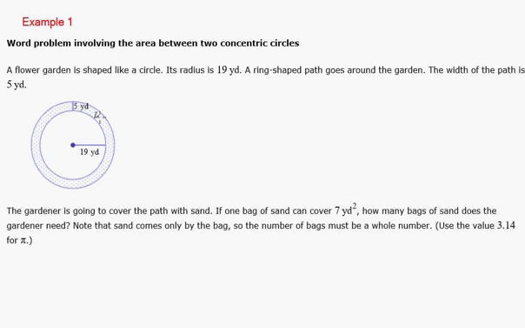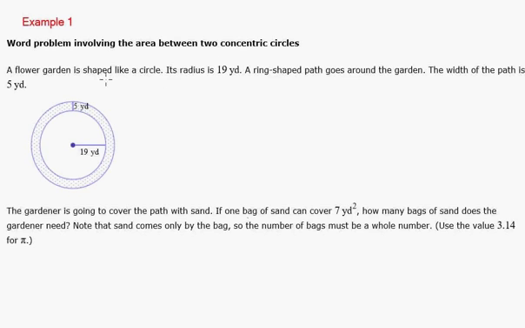What we want to do is find the area of this path, and then find out how many bags of sand it would take to cover that area. So here's how I'm going to approach this problem.